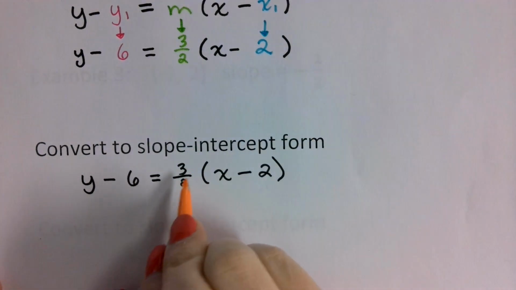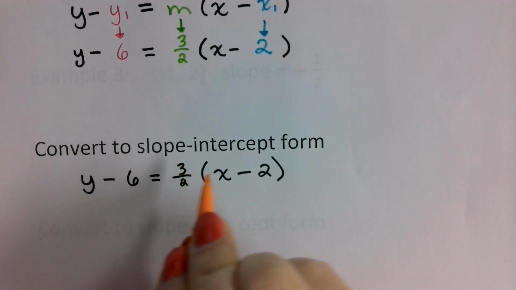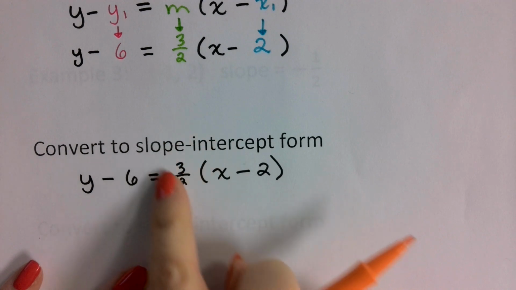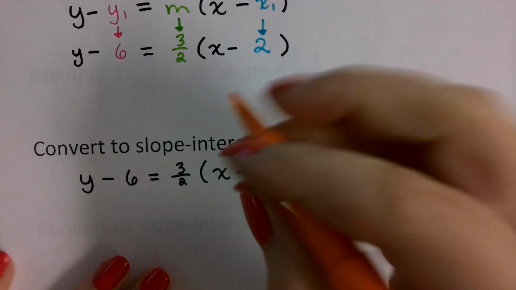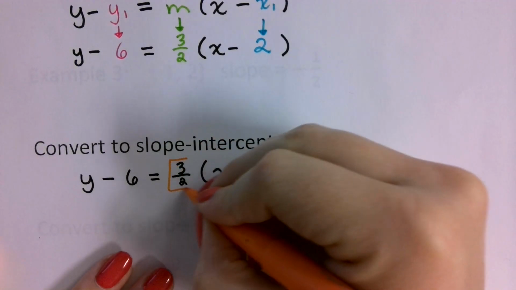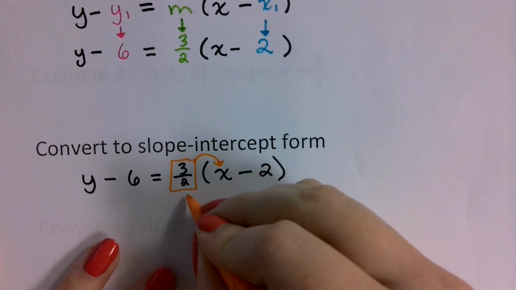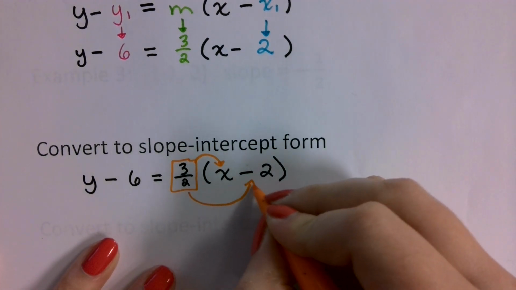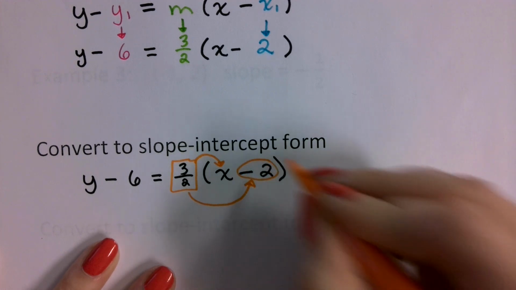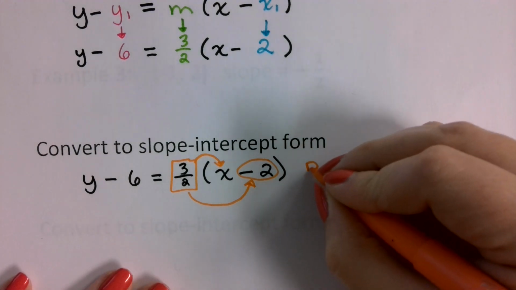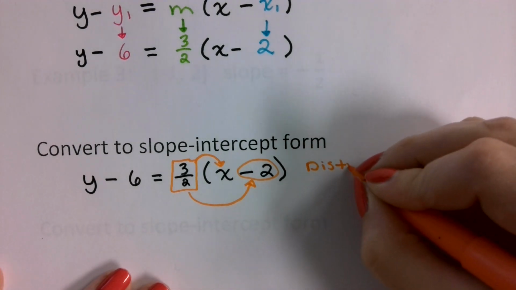So the fact that we have a value outside of a quantity that's in parentheses, then you want to make sure you do that distribution first. So we're going to take 3 over 2, we're going to multiply it with the x, and we're also going to multiply it with the minus 2, the negative 2. Keep that in mind, that minus 2 now acts like a negative sign when you're doing an operation.